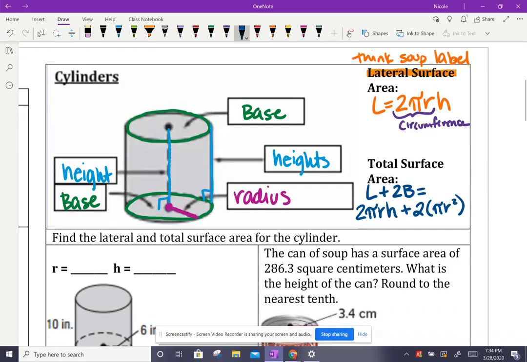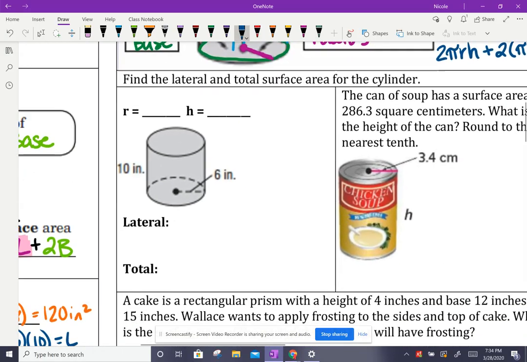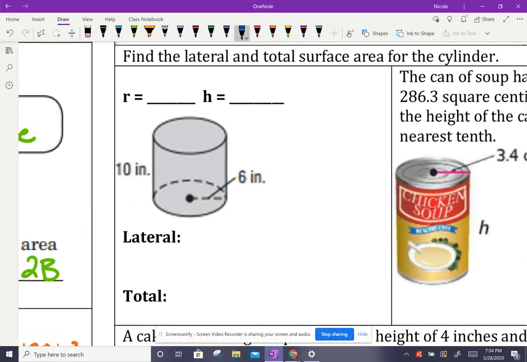So let's take a look at a few examples. Start off here. I have the radius of 6, and I have a height of 10. And that is all the information I need in order to find the lateral and total surface area. For lateral surface area, 2 pi r height.